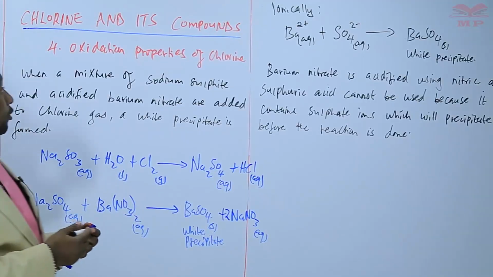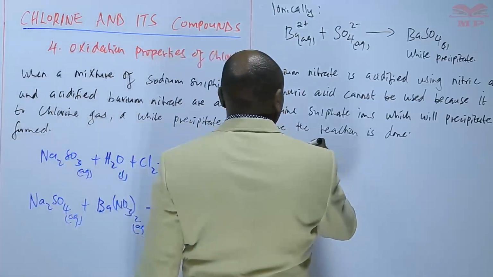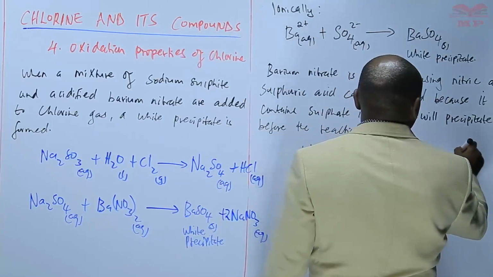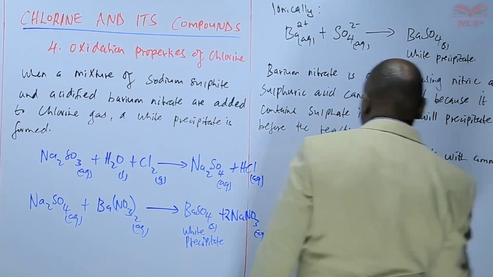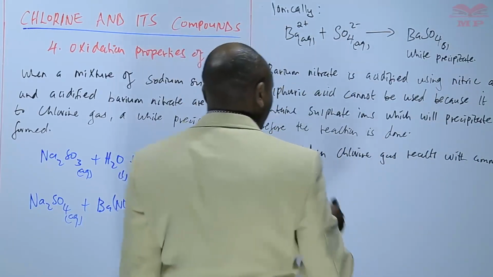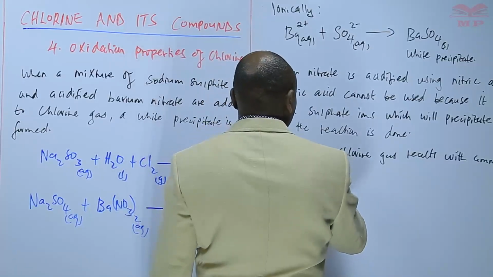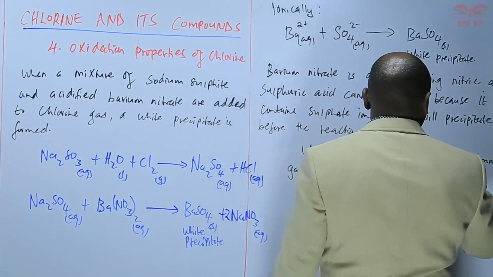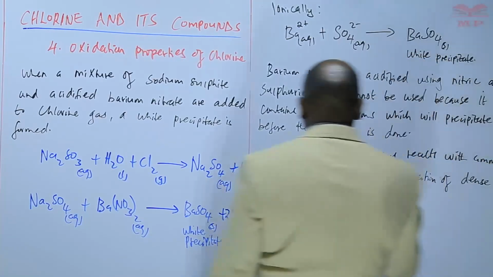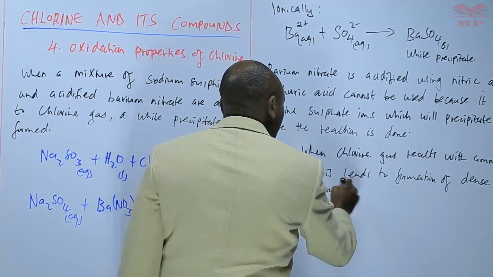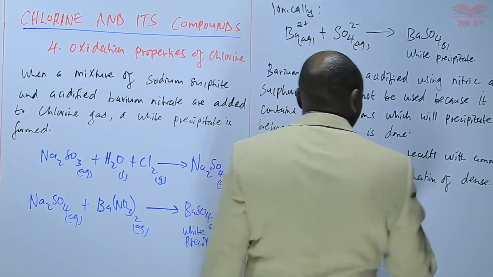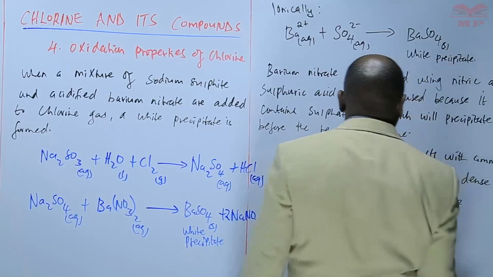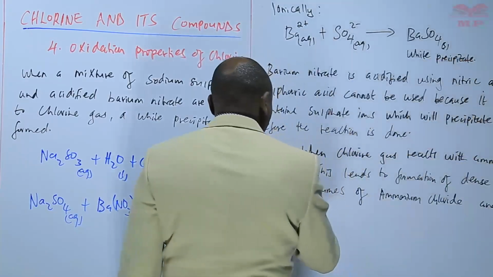Another example of oxidation properties of chlorine is seen when chlorine gas reacts with ammonia gas, and this leads to formation of dense white fumes of ammonium chloride, and nitrogen gas, of course.